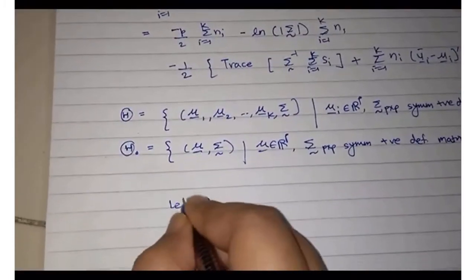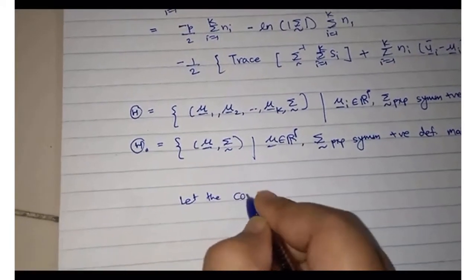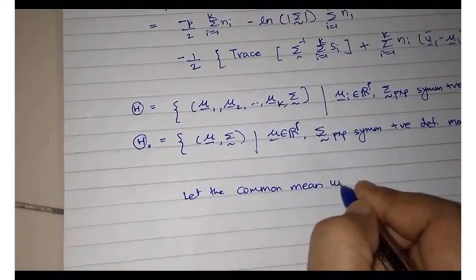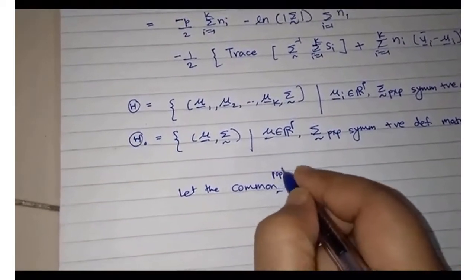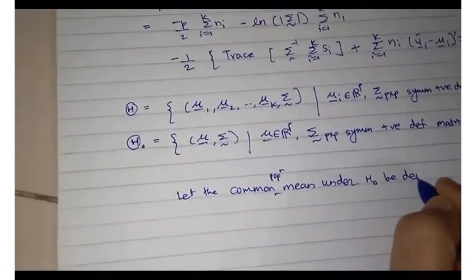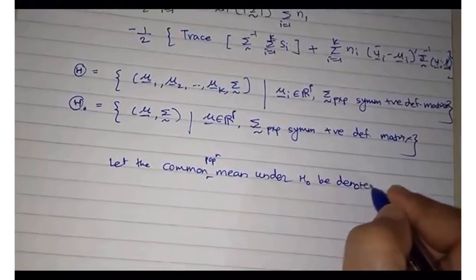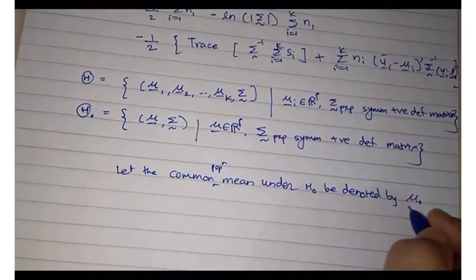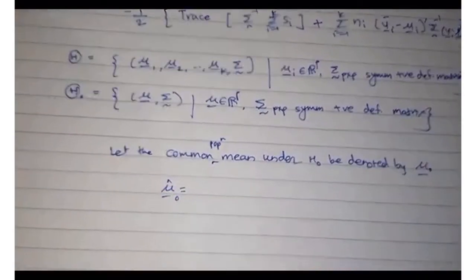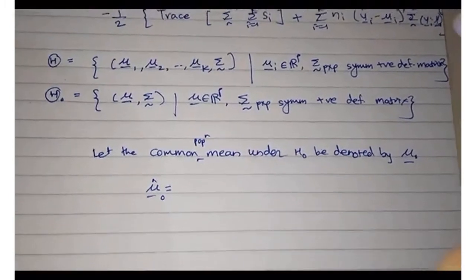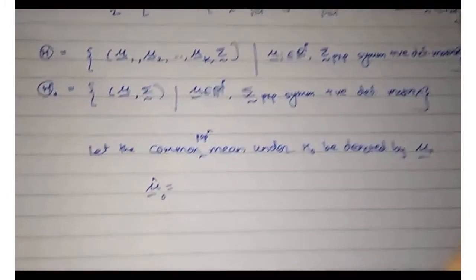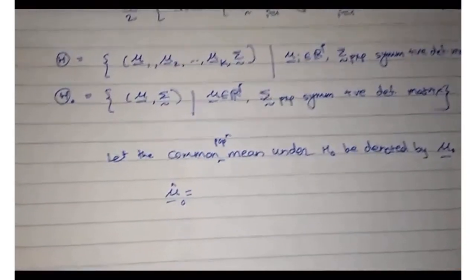So let the common population mean under H0 be denoted by mu naught. Then you need to find mu naught hat, which would be the MLE of mu under H0.